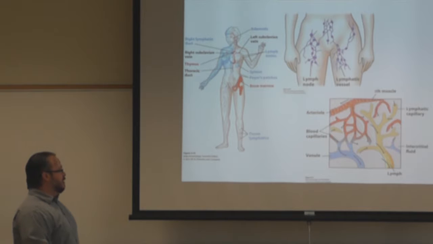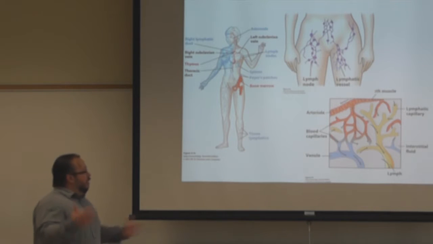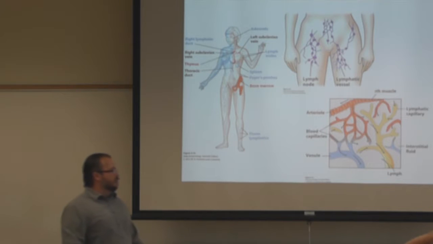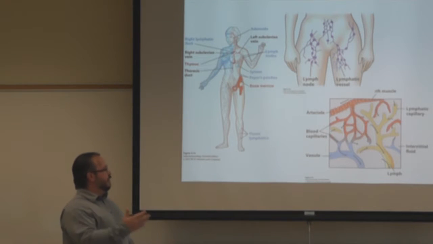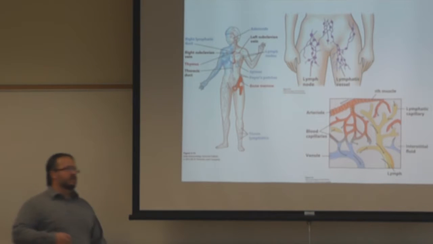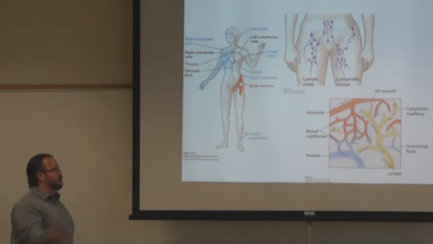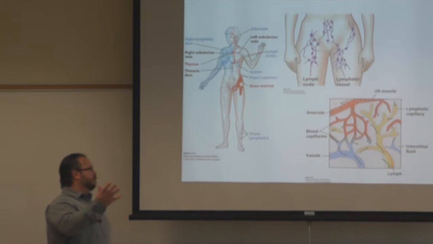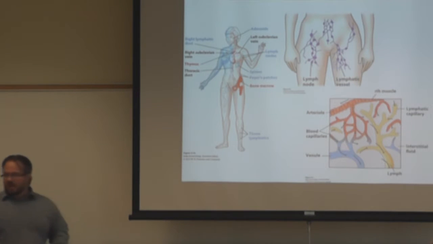It's going to be throughout the body, so that if we get poked by a nail, it doesn't matter where it happens, we're going to have capillaries and lymphatics associated with that. The lymphatics are part of this secondary lymphatic or immune system, and they'll be delivering antigens to lymph nodes.